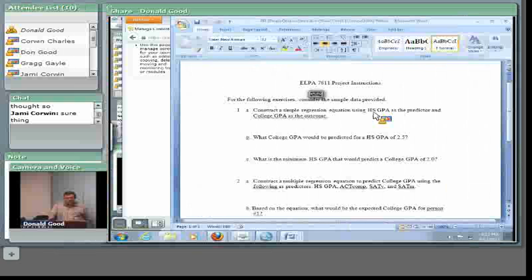So college GPA is what would be predicted. The college GPA is the dependent variable, the high school GPA is the independent variable. So I want to know what the equation is, and then I want to ask you questions about how that equation works. So you've got to come up with the equation, and you've got to answer these 2 specific questions.